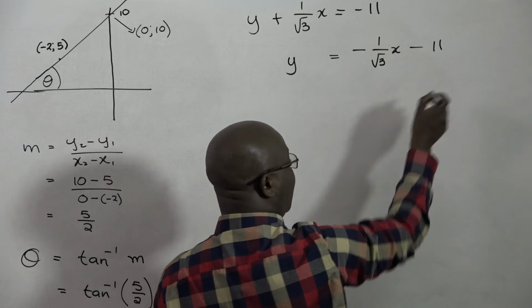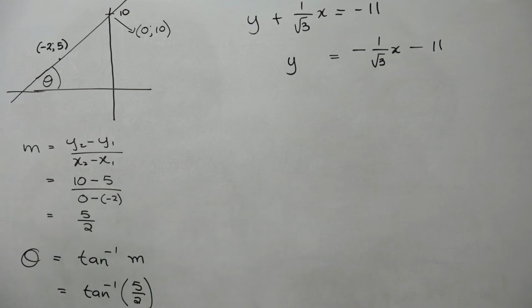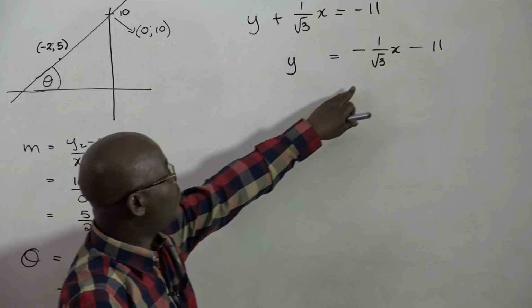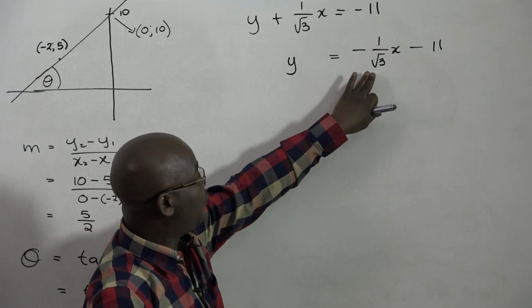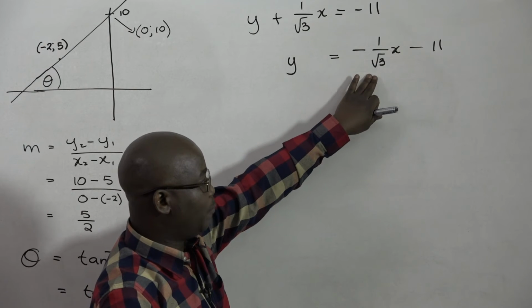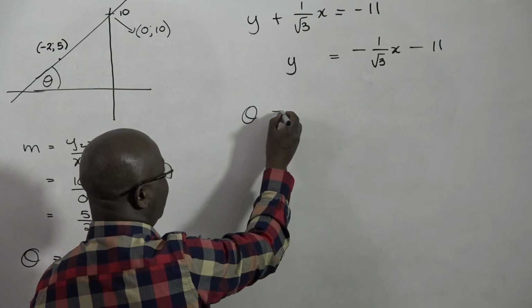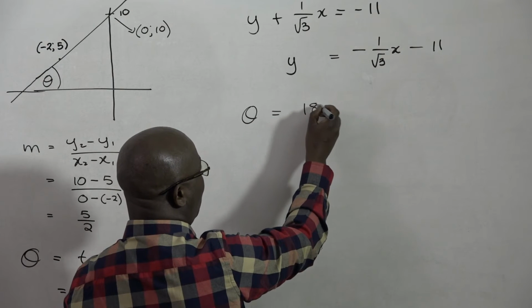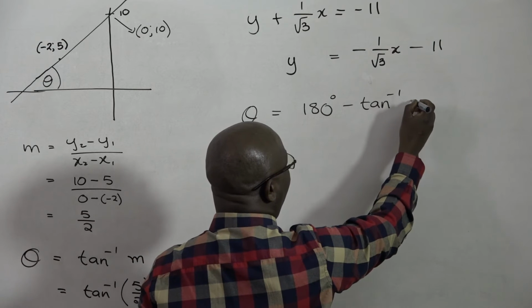So that becomes the equation written in the form y is equal to mx plus c. You can see here that m, the gradient, is negative. Therefore, theta is going to be an obtuse angle. Therefore, the formula for theta for the obtuse angle is theta is equal to 180 degrees minus the arctan of the negative m.